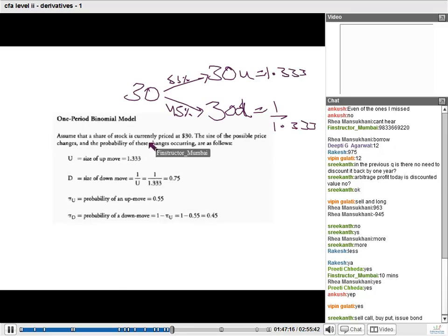Now for this question, assuming the risk-free rate is 10%, compute the value of a call option with a strike of 30 rupees. Assume the risk-free rate is equal to 10%. Compute the price of a call option with a strike of $30.